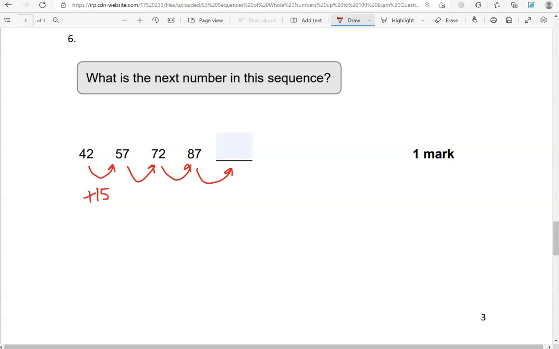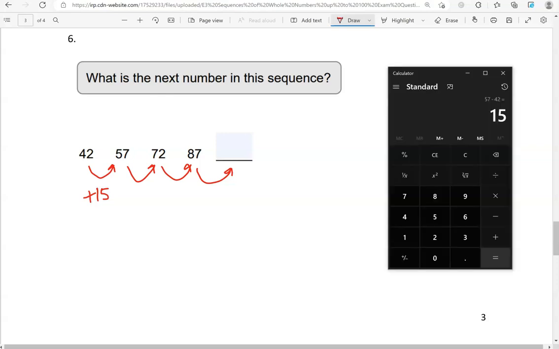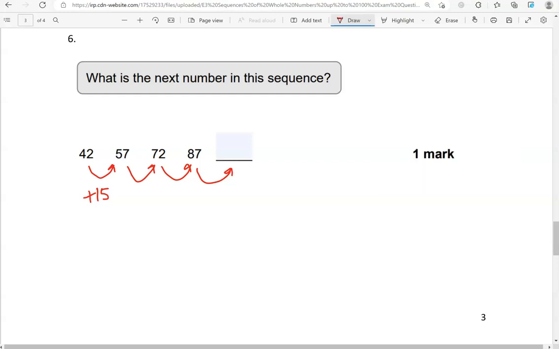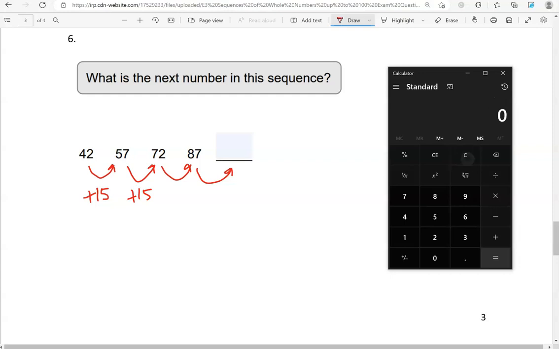So we add 15 to 42 to get 57. So let's add 15 to 57 now to see whether that gives us 72, and it does. So I'll do now 87 add 15 and it gives us 102.